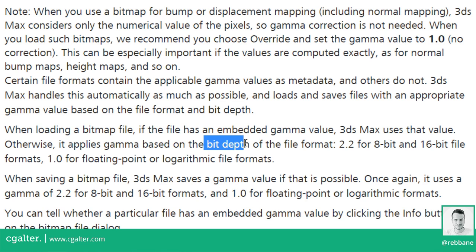The bit depth for a JPEG is 8-bit, and once it finds out that it's 8-bit, it's going to apply a 2.2 gamma color management. If it's 16-bit or 32-bit, as in the case of a TIFF file or an EXR file, it's going to ignore it, because it's already with a gamma of 1.